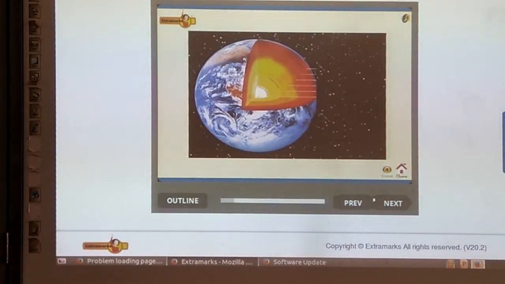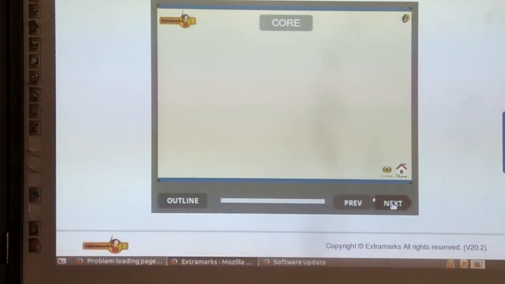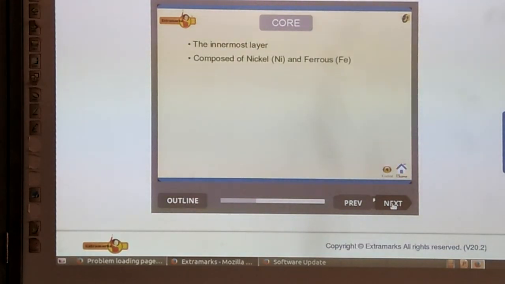Come and have a look at the location of the core of the Earth through this picture. The major characteristics of the core are as follows. The innermost layer is composed of nickel, Ni, and ferrous, Fe, also known as NiFe.